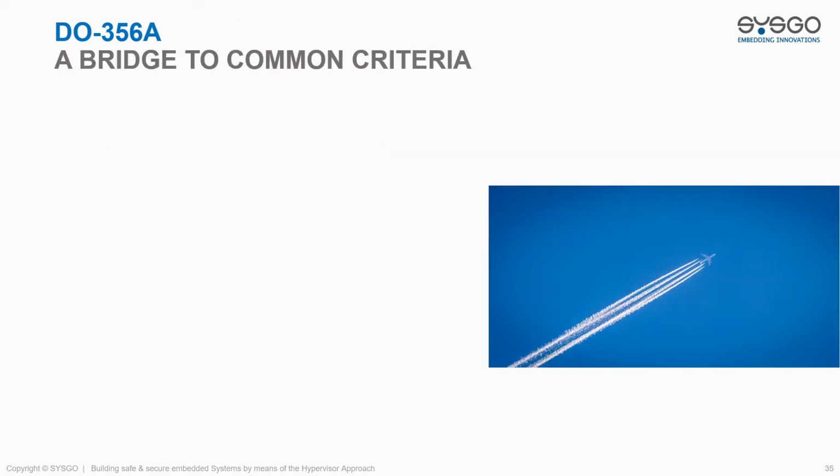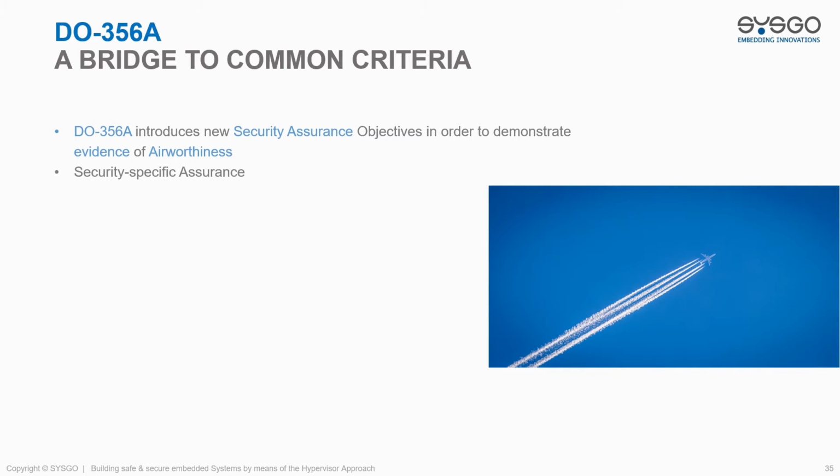Very interestingly, this standard has an appendix which is a link to Common Criteria, and it helps you to point out the security assurance objectives, and you can cover about 60% of the security-specific assurances by means of Common Criteria evaluation topics. Apart from that, there are other things you need to implement if you want to be DO-356A compliant, and amongst others, that is a security risk analysis and a refutation analysis.